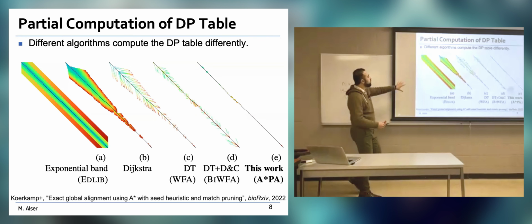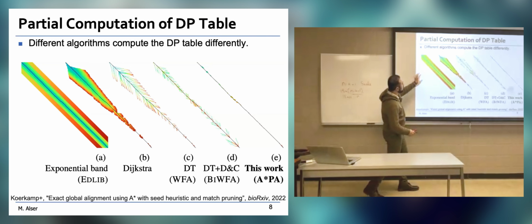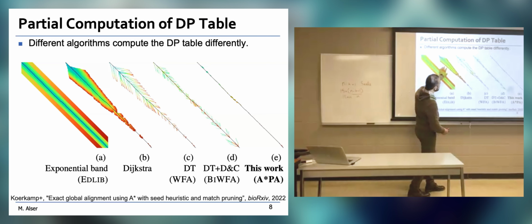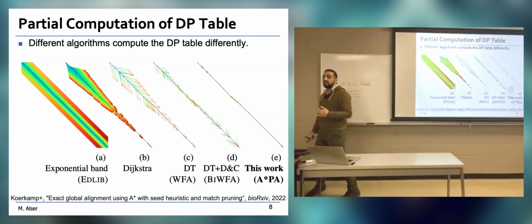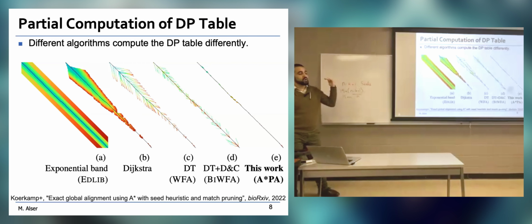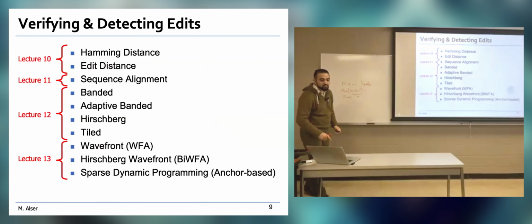So we move from the full dynamic programming table into what we call banded, into something else, including the wavefront, e-wavefront, and we talk about the sparse dynamic programming and so on. If you forgot what these are, here you can see the reference for the lecture where we discuss several ways of optimizing the dynamic programming table itself.